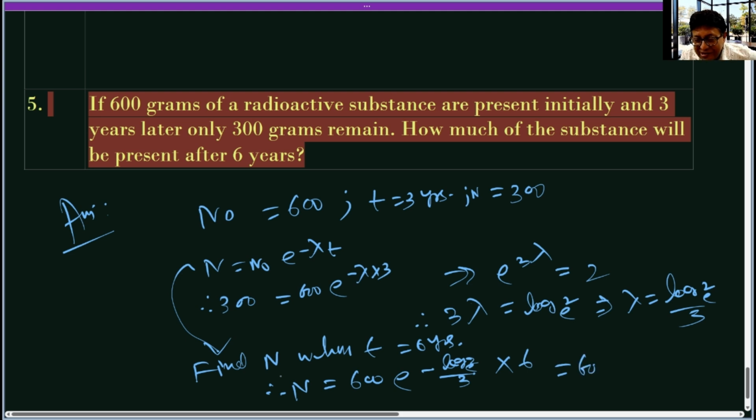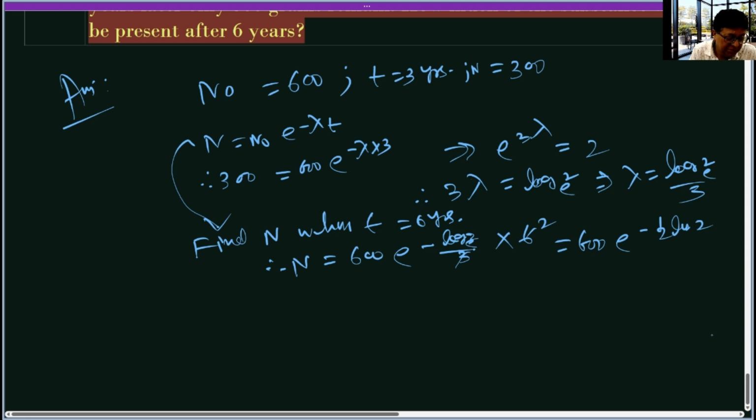So this is going to be 600 e to the power minus half log 2... Oh no, this is not half, sorry.